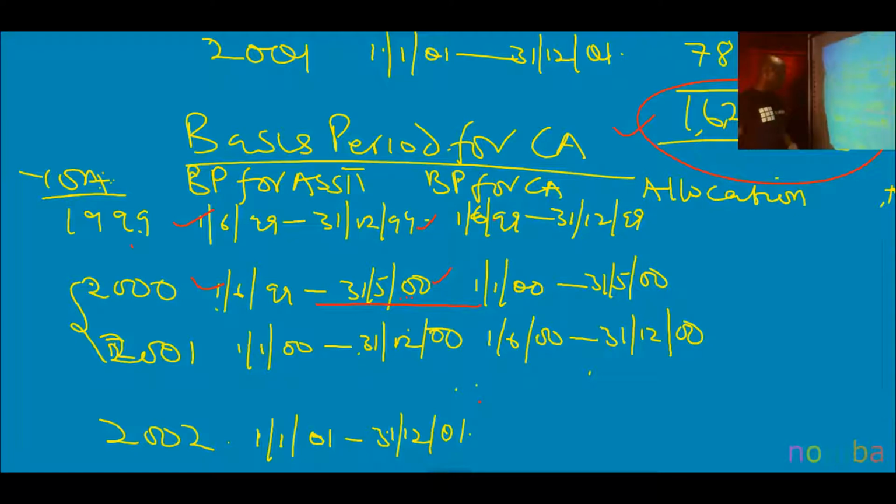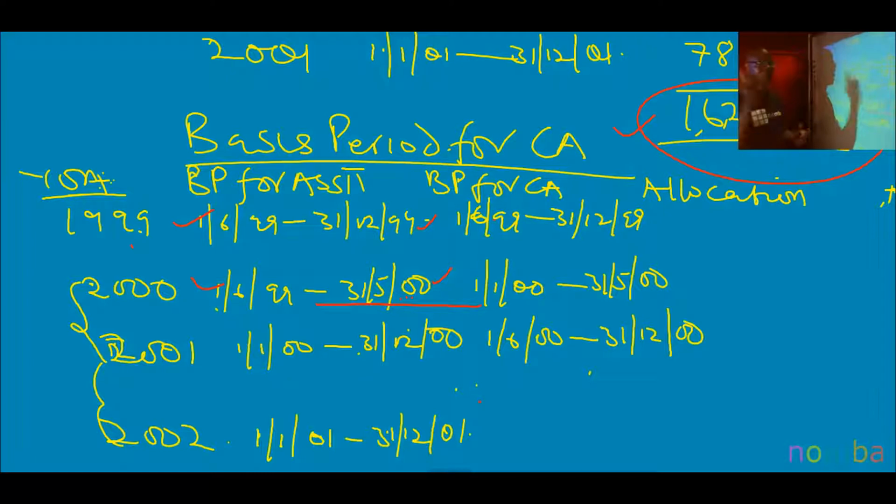Now for 2002, we have to compare 2002 with 2001 to look for the same thing. If you look at these 2 periods, they don't have anything in common. There are 2 parallel lines. And where that happens, basis period for capital allowance is the same as basis period for assessable profit. So if you have listened to me, you will agree with me that there are only 2 instances where the basis period for capital allowance and the basis period for assessable profit are the same.